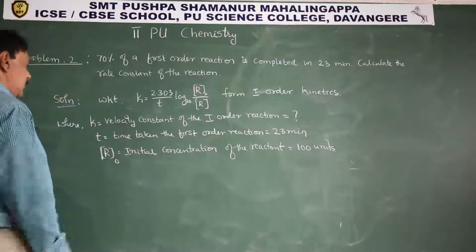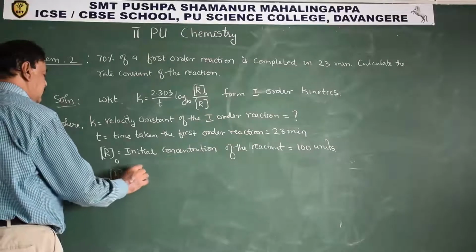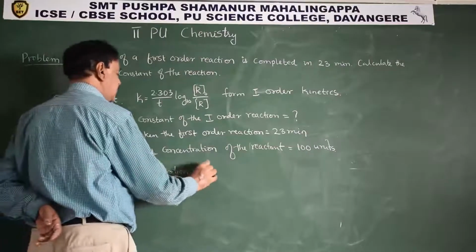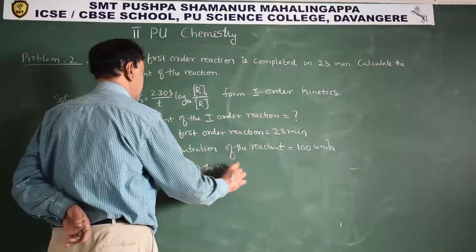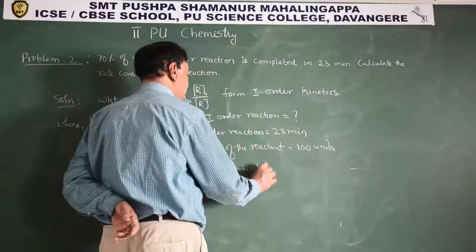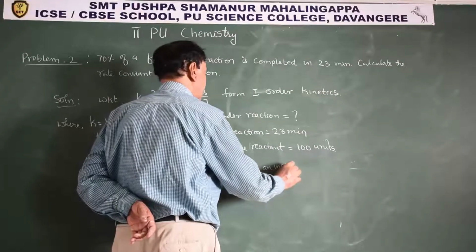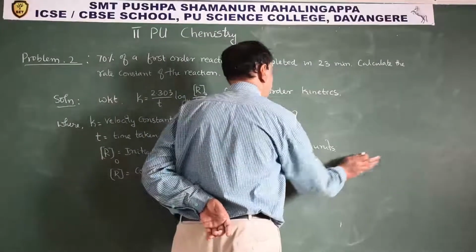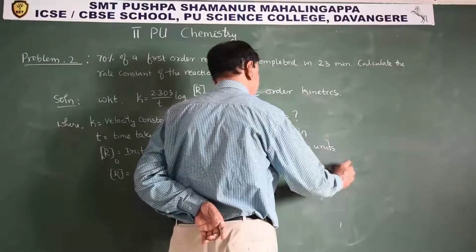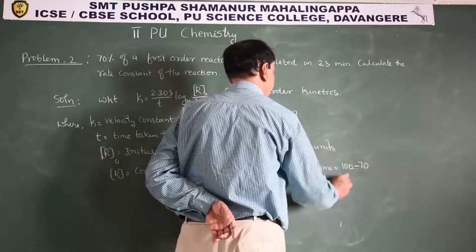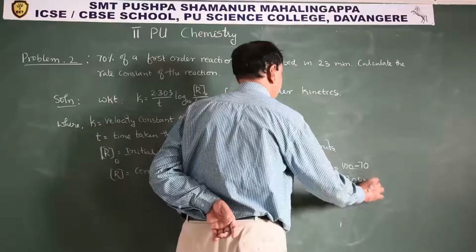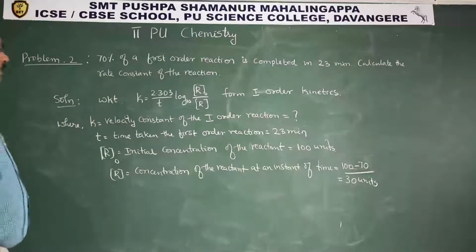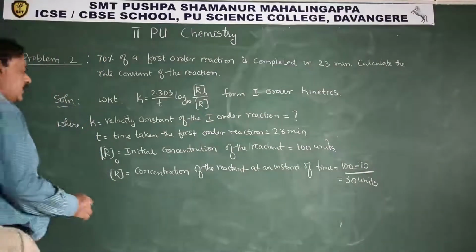R is the concentration of the reactant at an instant of time t, which is given by 100 minus 70 is equal to 30 units, because 70% completion means 30% retention. Now substitute the values.